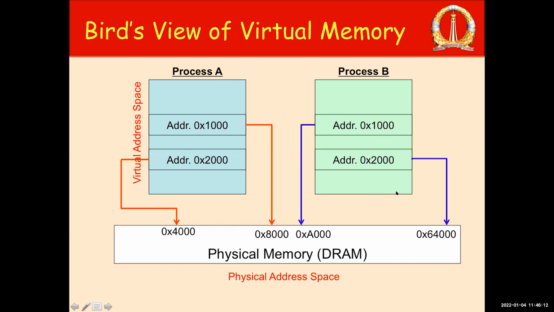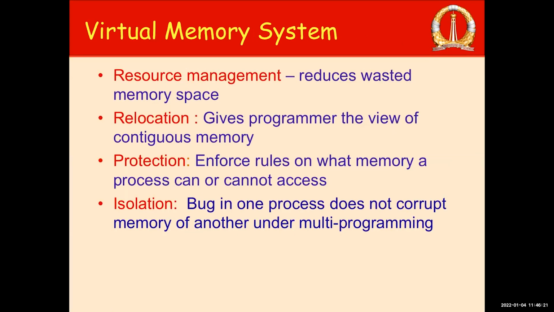Because of this virtual memory abstraction, it enables several things in the operating system. For example, it makes sure that resources are managed well, which means it reduces the waste in memory space. You would have seen things about memory fragmentation, internal fragmentation, external fragmentation, etc. But by implementing virtual memory, using either segmentation or page memory management systems, you will avoid certain kinds of fragmentation.